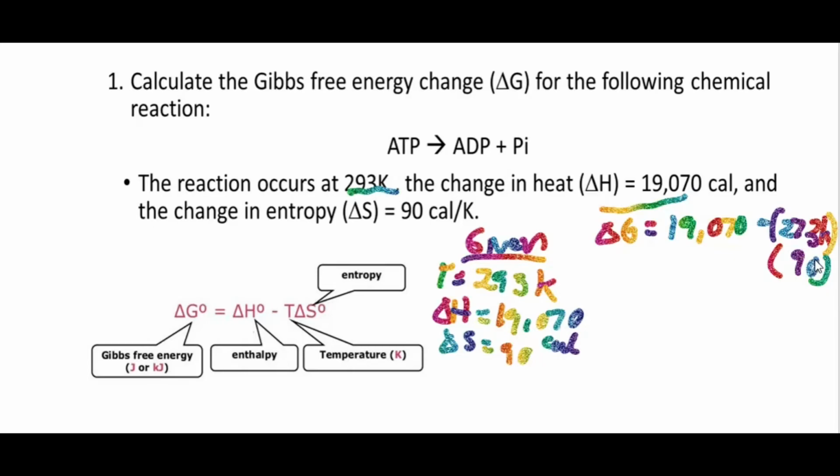So let's see what's the answer. 19,070 minus 90 times 273. So the final answer is negative 5,500.